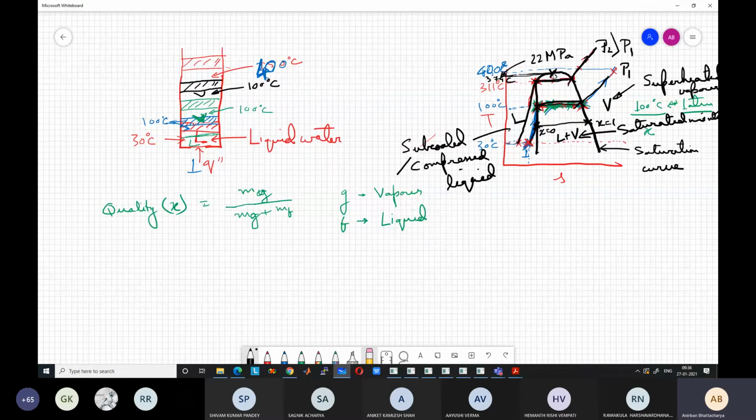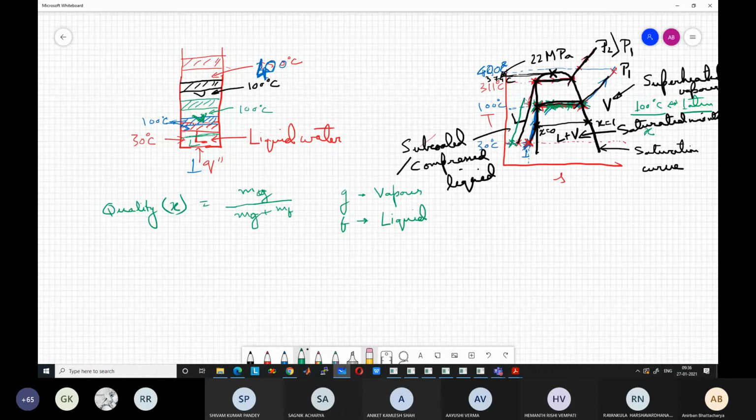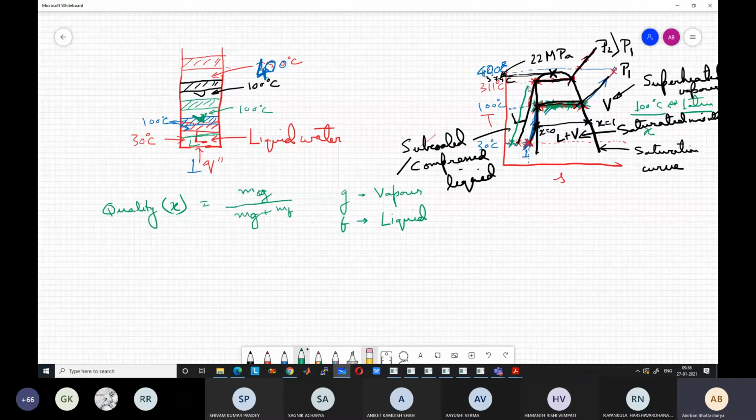So if you start the boiling process at 30 degrees centigrade and 220 atmospheric pressure, 22 MPa pressure, the boiling will go on like this. Initially the temperature of the liquid will increase, and then it will reach a point like this and just go ahead like this.